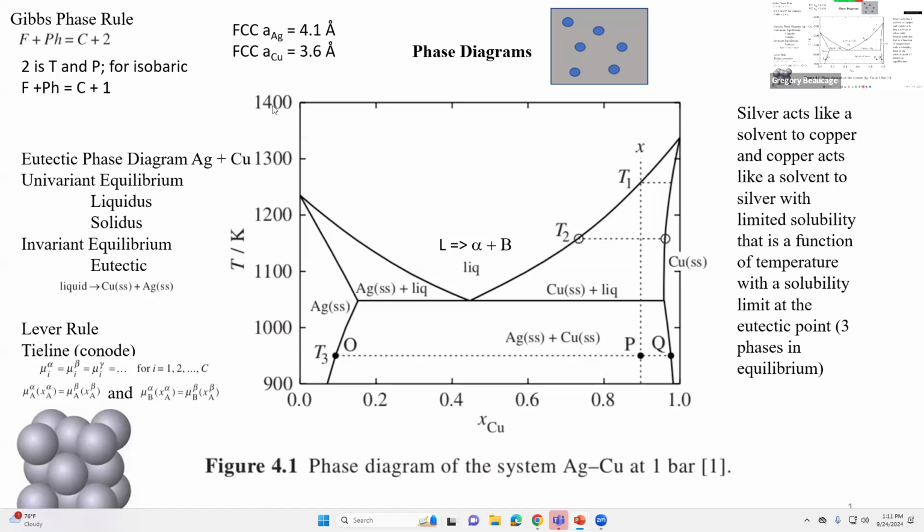If it's copper FCC, it's 3.6. So you make silver, and you can accept quite a bit of copper, up to something like 16% copper, and it's still a silver crystal. It still has a 4.1. And that crystal's got some extra space in it, putting a smaller thing into it.